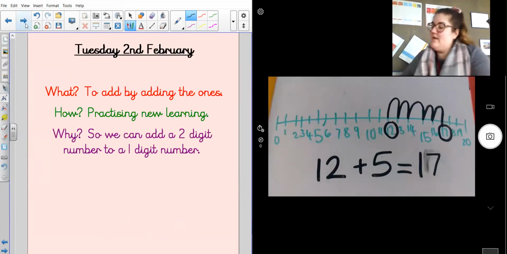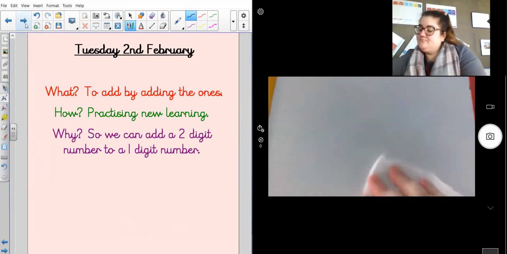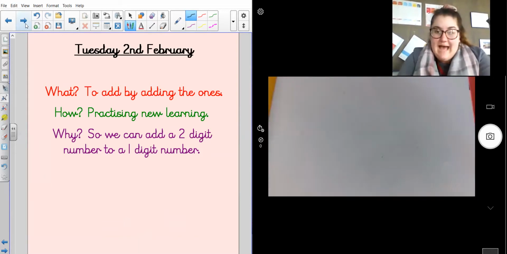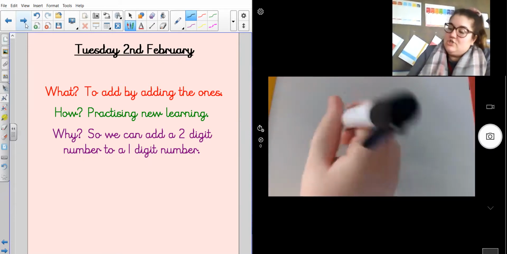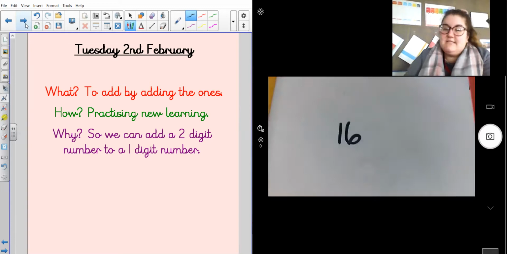So what are we going to do today? We are going to add by counting the ones. We are going to add the ones, okay? And we're going to practice some new learning. And we are doing this so that we can add a 2-digit number, okay, to a 1-digit number. So for example, a 2-digit number, you might have the number 16.